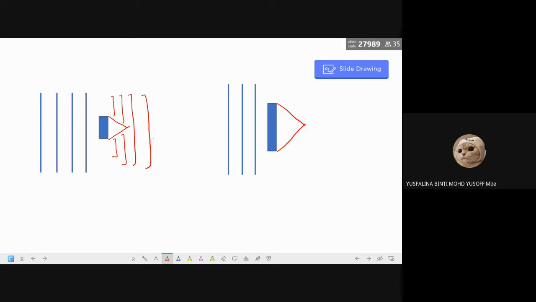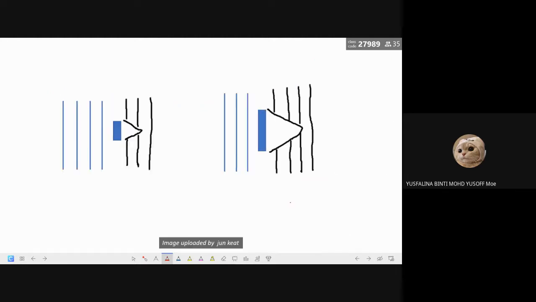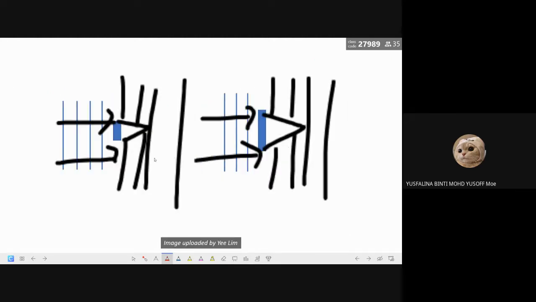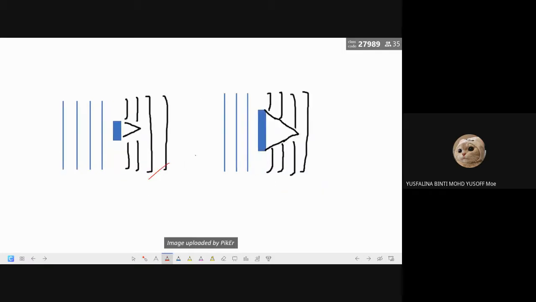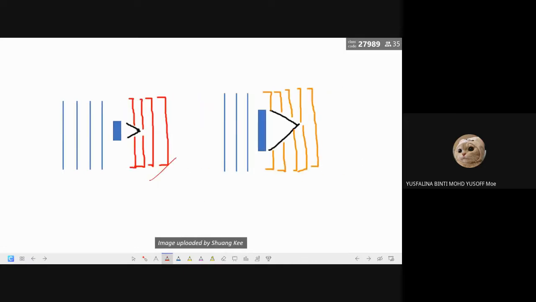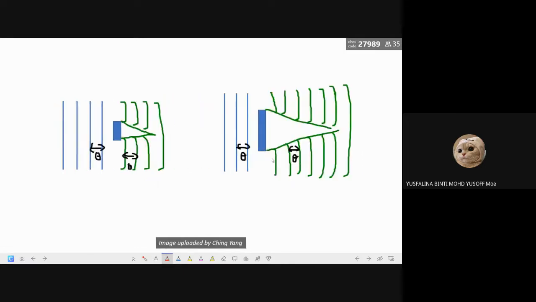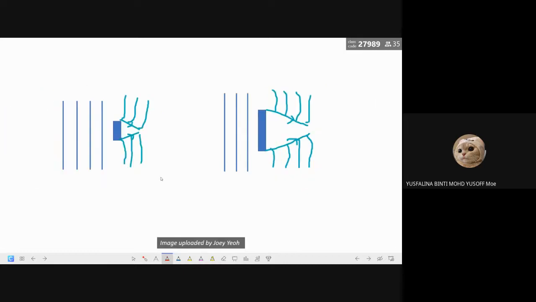The wavelength before and after should be the same. But later in the exam, if they ask you to draw, make sure the wavelength is the same before and after.